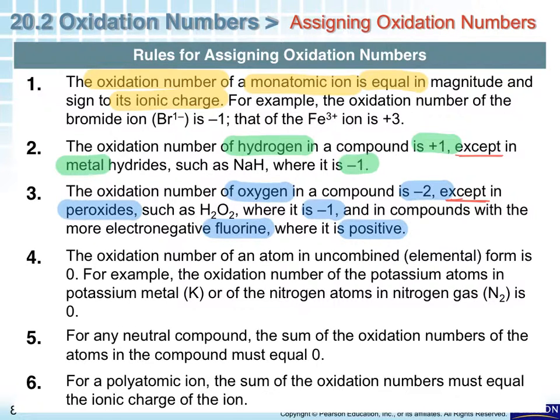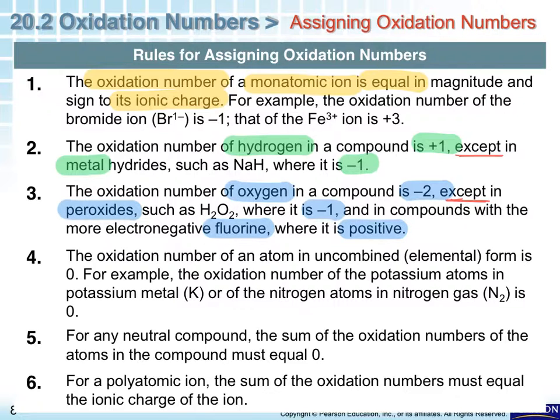Fluorine is the most electronegative element, so it's kind of like the electron bully. So fluorine gets its negative charge, it gets its electrons, and oxygen just says, okay, whatever, I'll be positive if you make me. So if it's with fluorine, fluorine takes precedence.